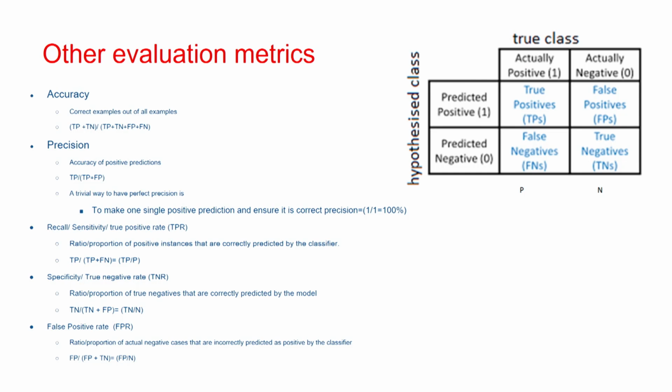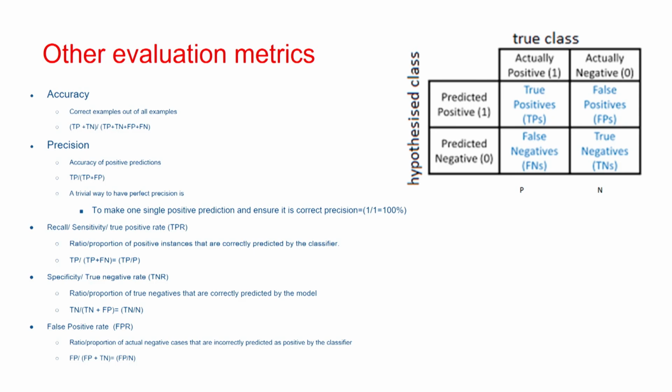In this way we get the accuracy of the machine learning algorithm. So accuracy is true positives plus true negatives upon true positives plus false positives plus false negatives plus true negatives.